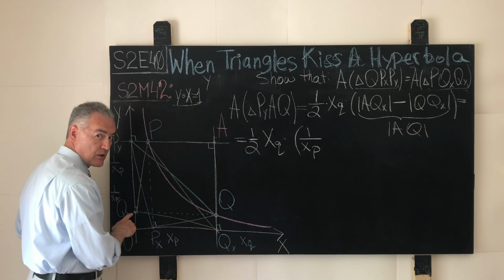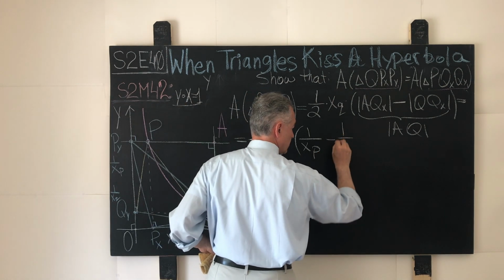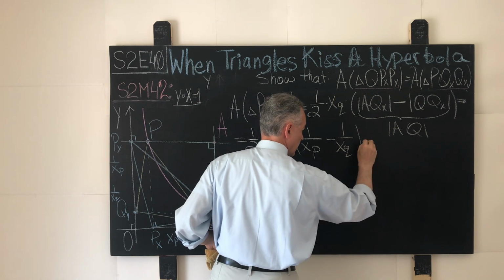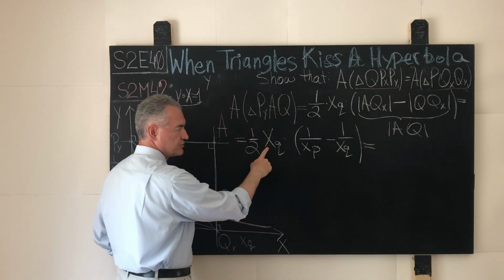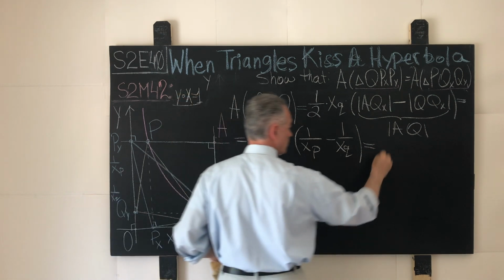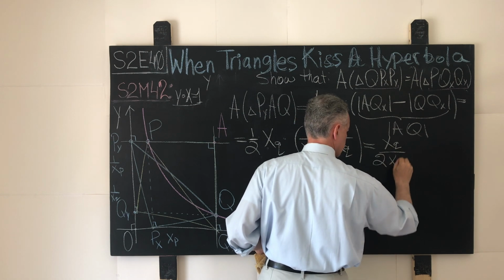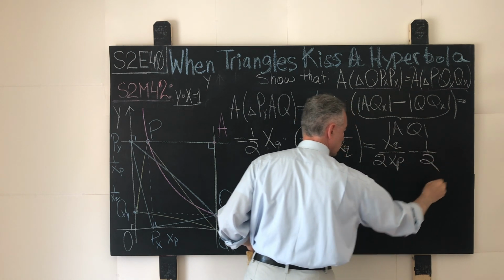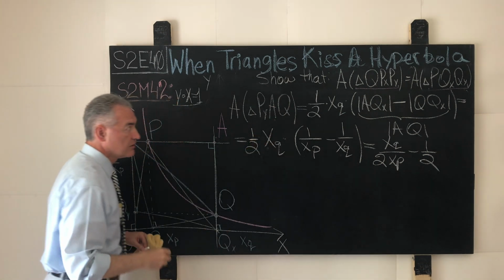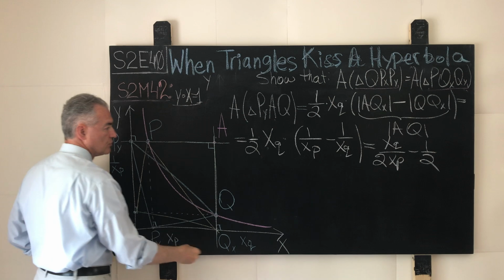Which is the y coordinate of the point Q, 1 over xq. And what do we have? xq in the numerator, xq in the denominator, 1/2. There you go: xq over 2xp minus 1/2. This is the area of the triangle PyAQ.